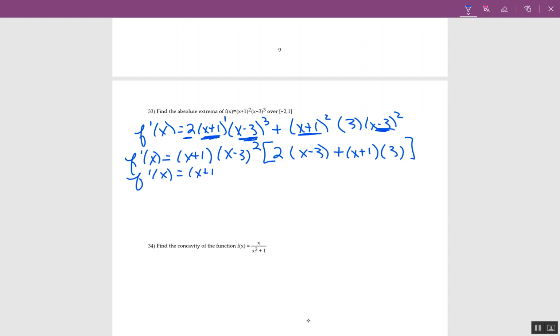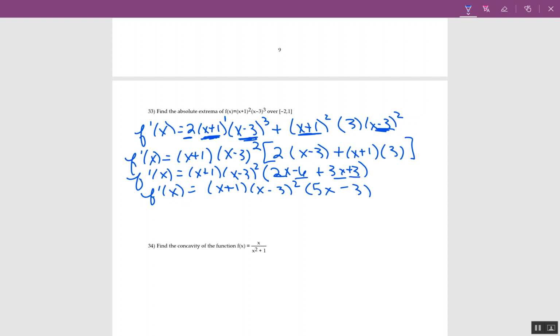So I have x plus 1, I have (x minus 3) squared, and then I'm multiplying out, this is 2x minus 6 plus 3x plus 3. So now I have x plus 1, (x minus 3) squared, 2x and 3x makes 5x, negative 6 plus 3 is minus 3.